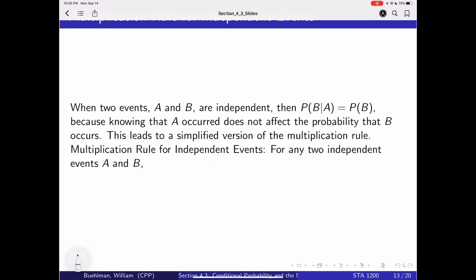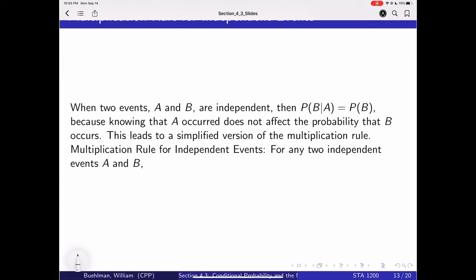When two events, A and B, are independent, then we know the probability of B given A is just equal to the probability of B, because knowing that A occurred does not affect the probability of B. Remember, A and B are not related, so knowing A happened doesn't tell us anything different about B. This leads to a simplified version of the multiplication rule.